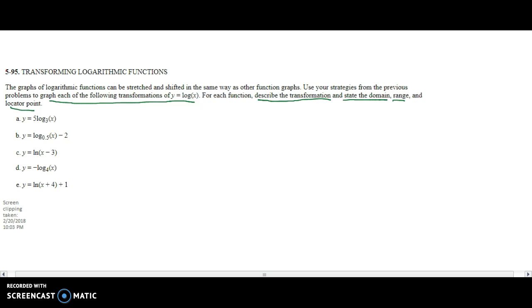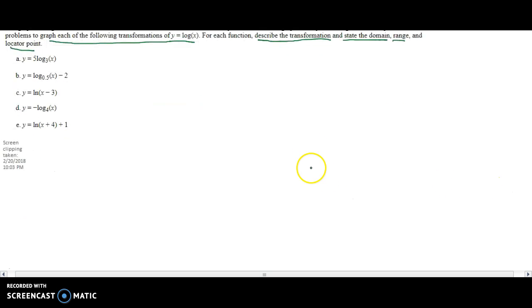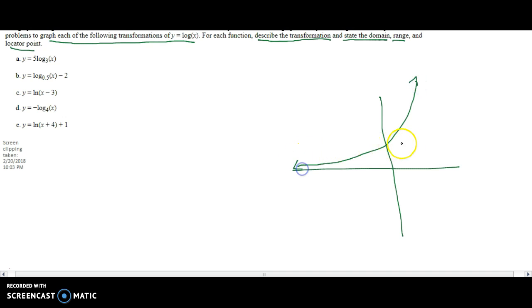So if you're still wondering what the locator point is, maybe a little help. I'll talk about the locator point for the exponential, and you can think about what that means for a logarithm. A locator point, when we're typically talking about exponentials, is at (0, 1).